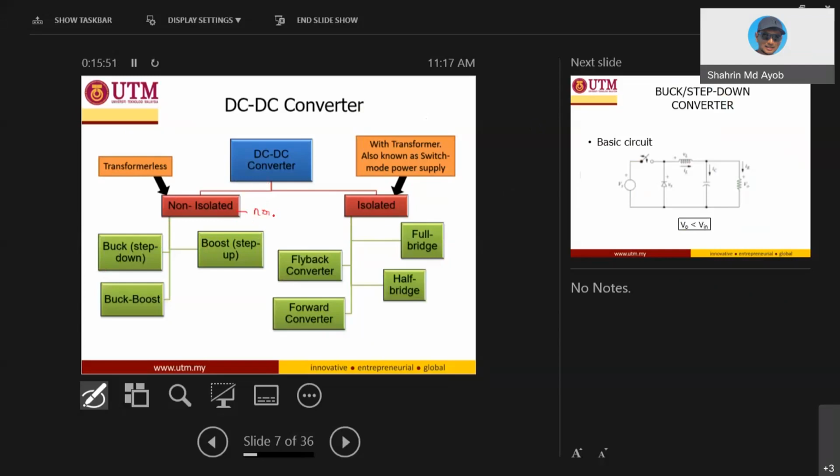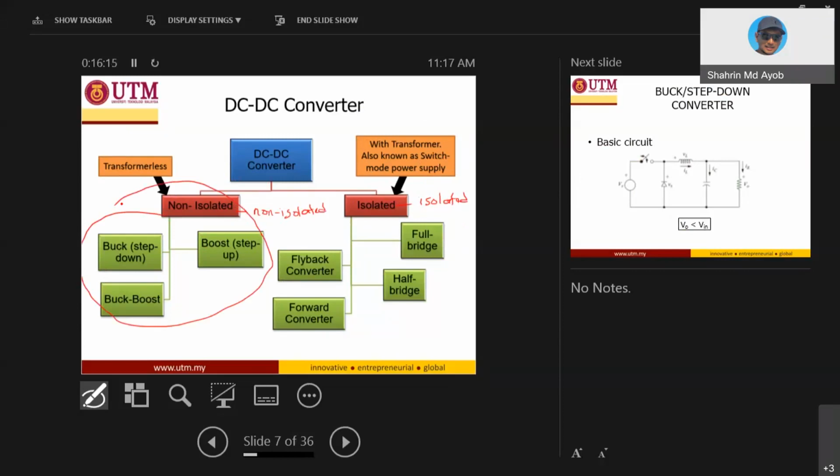So this one is non-isolated, no transformers, and this one is the isolated, meaning that you have a transformer between the source and the load. In your syllabus, we only concentrate on non-isolated.